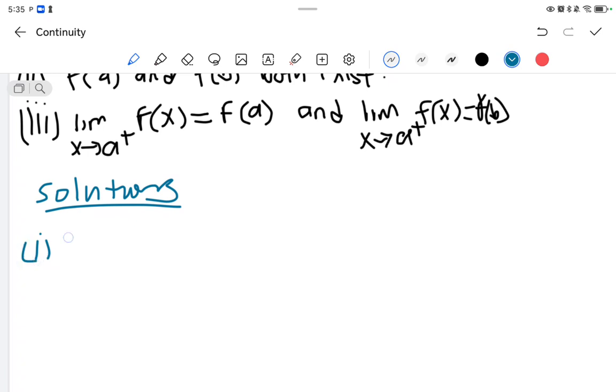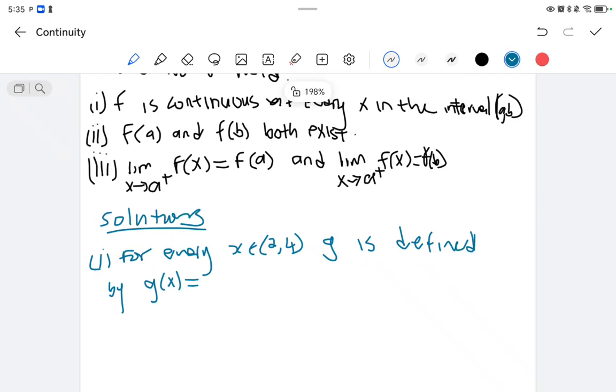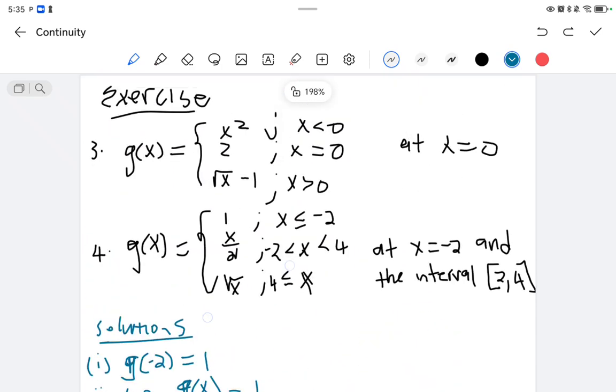I first check that for every x in the interval, 2, 4, the open interval, g is defined. We're going to check what g is defined by in the open interval 2 to 4.